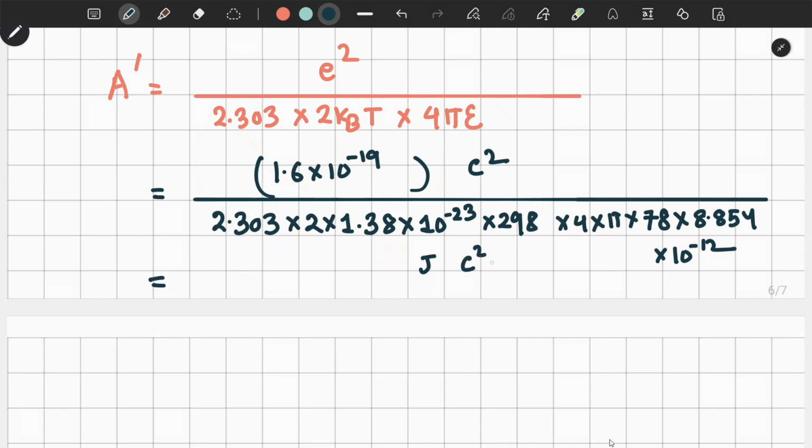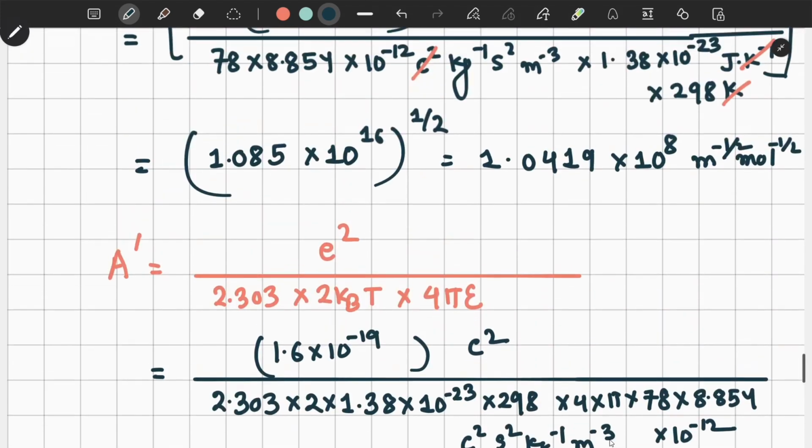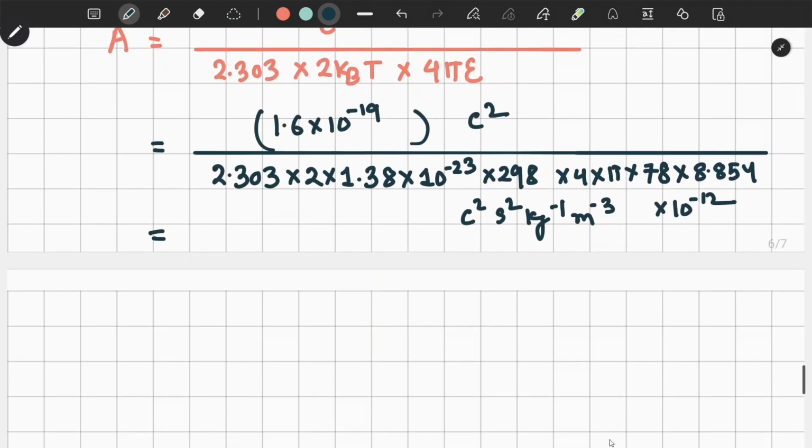Joule, and epsilon has Coulomb square, second square, kilogram inverse, meter to the minus 3, and joule we have already calculated. Joule is kilogram meter per second square meter. So everything becomes, so it's just meter inverse.